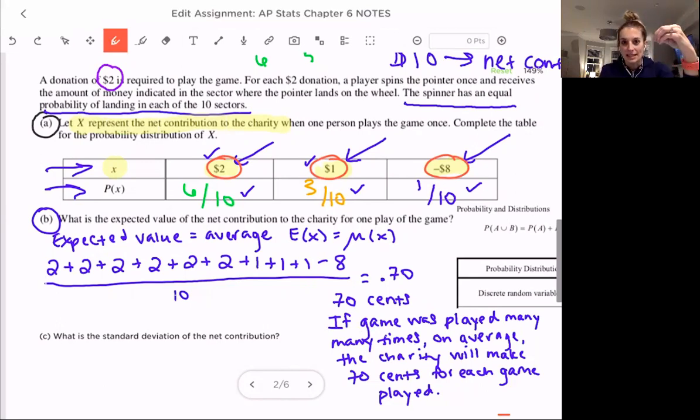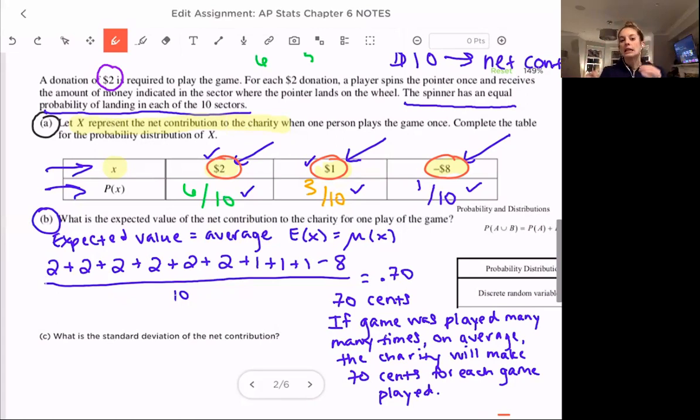What it means is that over all of these games played, if the charity keeps getting more and more people to play, on average, they can expect to make 70 cents per player, 70 cents per game played. So the way that they have this game structured makes sense for the charity, because in the long term, they're going to make money, all right?